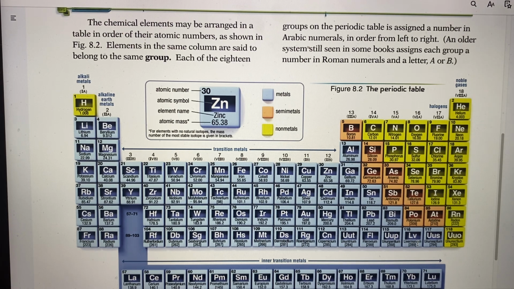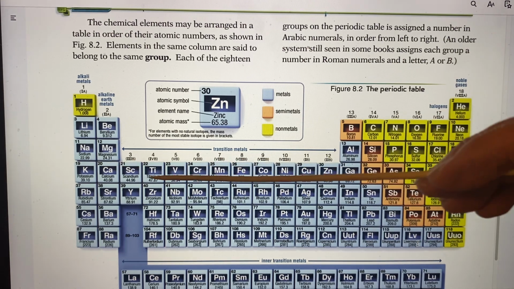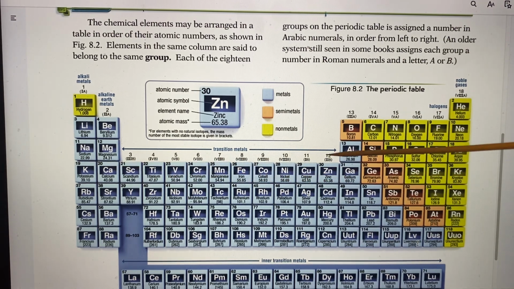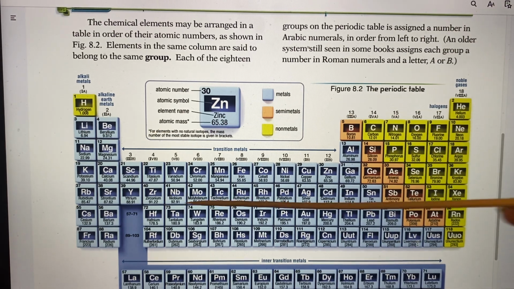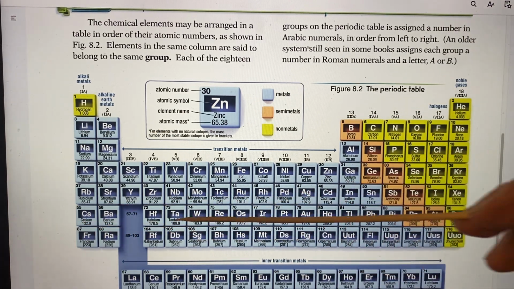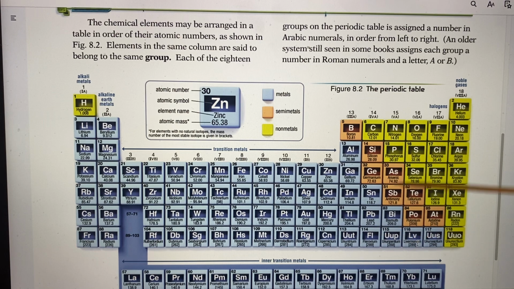Elements in the same column are in the same group. And these rows of elements are called periods. So if there's a row of elements, this is the first period, this would be the second period, and so on. You can tell which period they're in by the rows, and the groups go down.